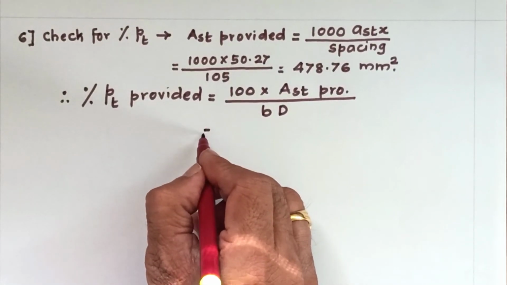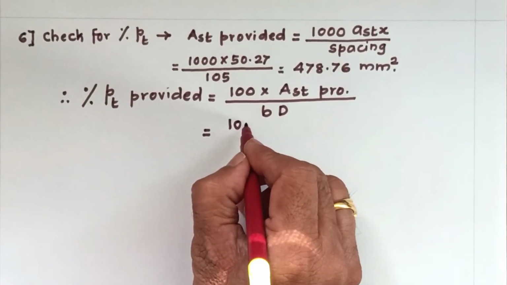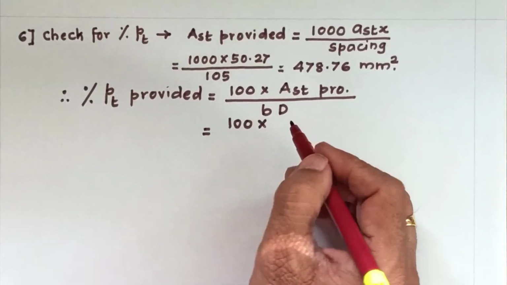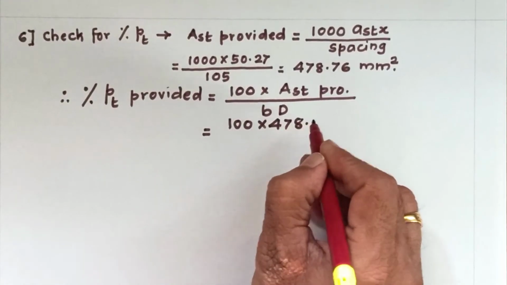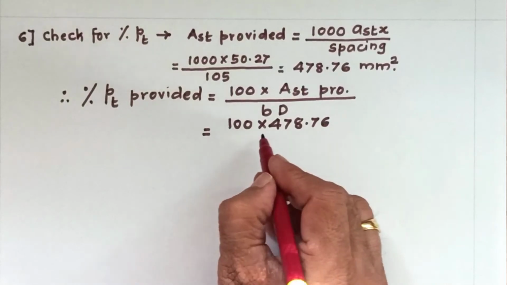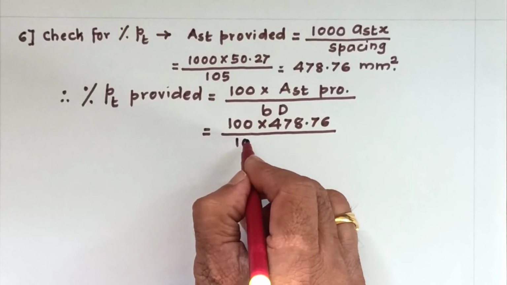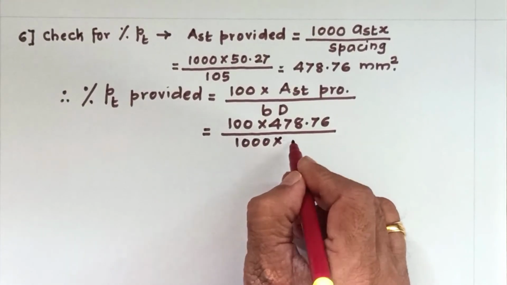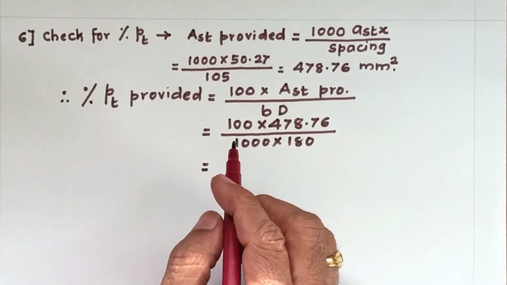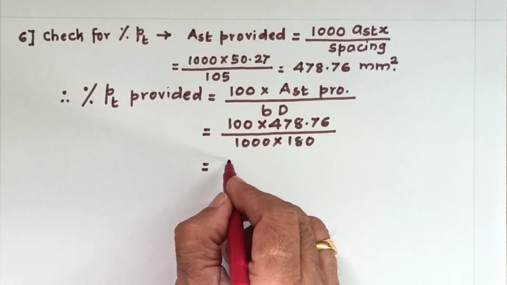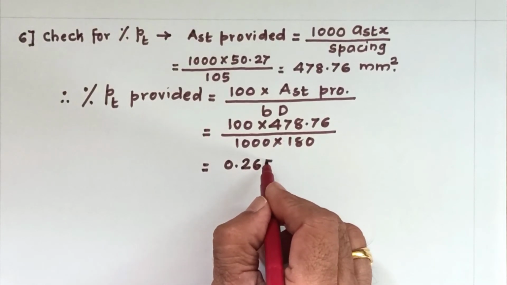So put all the values: 100 into 478.76 upon B, which is 1000, and D is 180, which comes out to be 0.265.